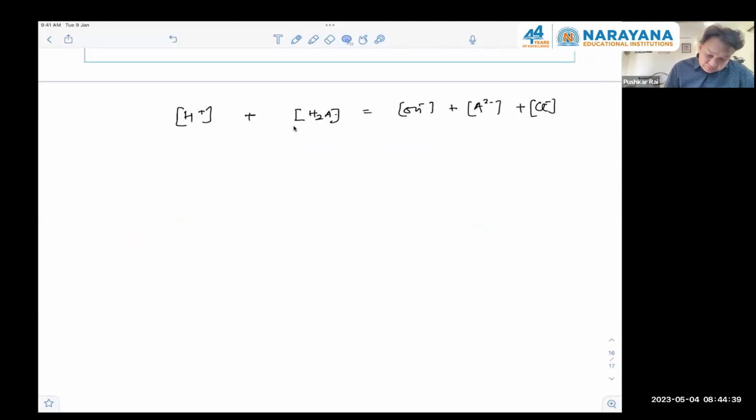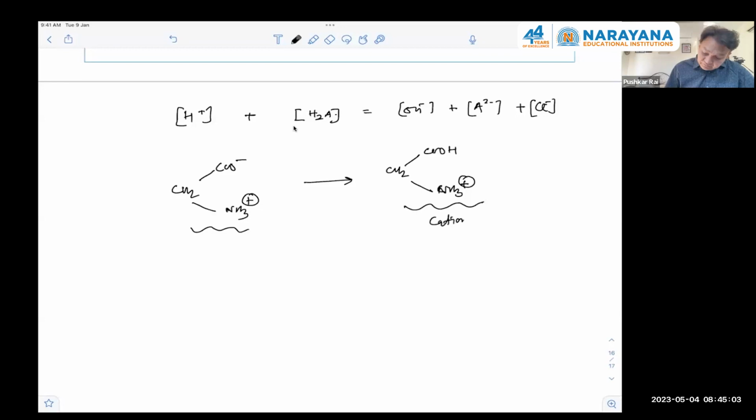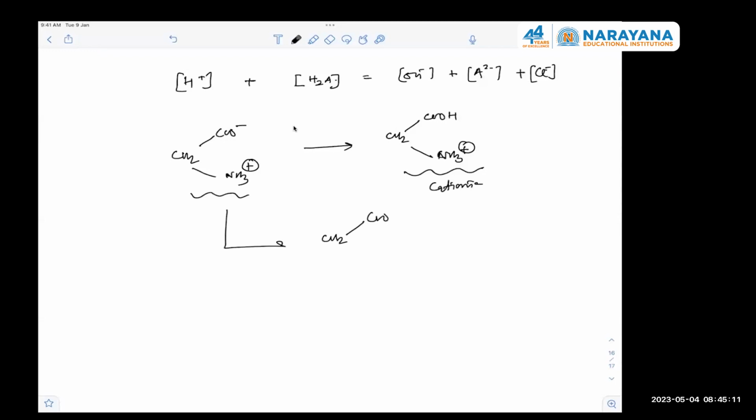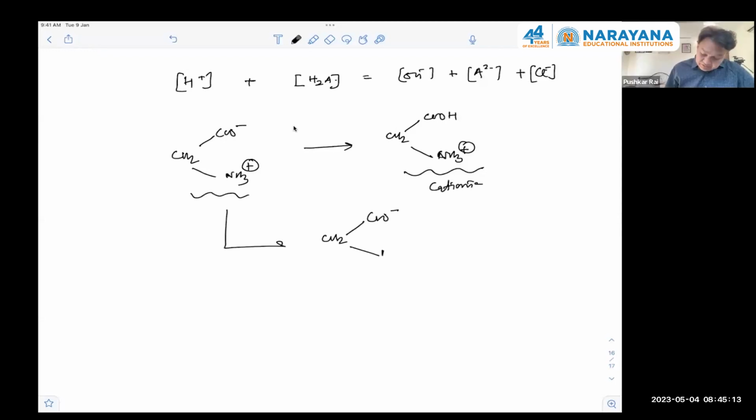Let me make it more clear. This is CH2, COO negative, and NH3 positive. This is our amino acid, and it is going to change into CH2, COOH, and NH3 plus. We will call this the cationic species. Similarly, this is going to change into CH2, COO negative, and NH2.